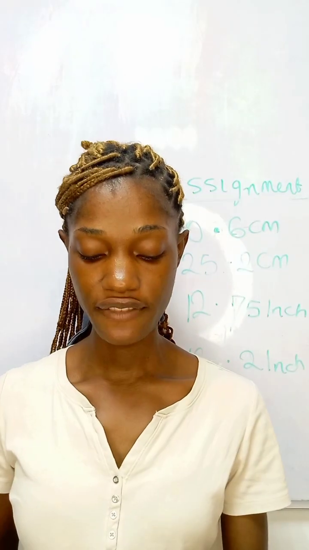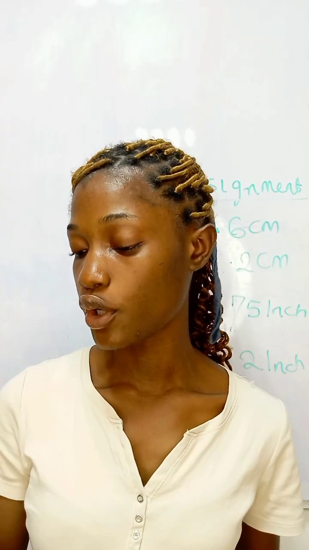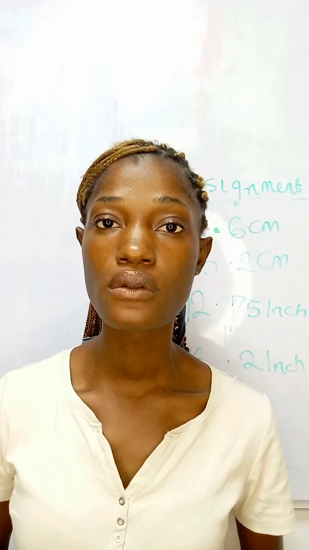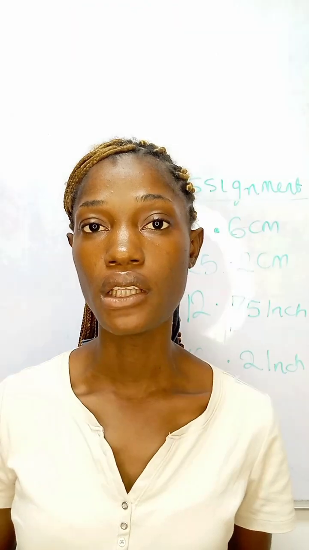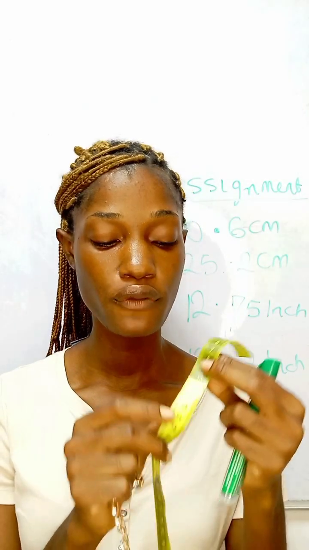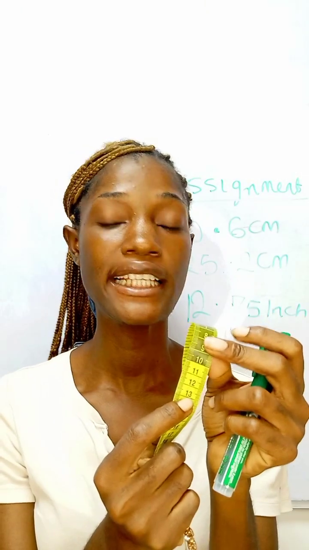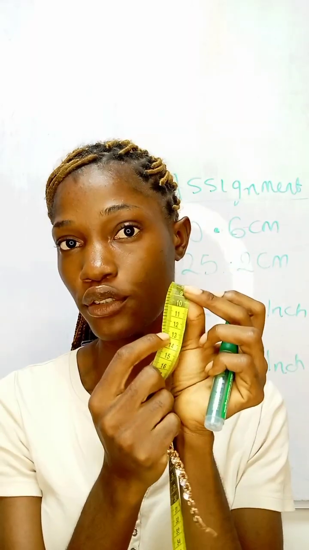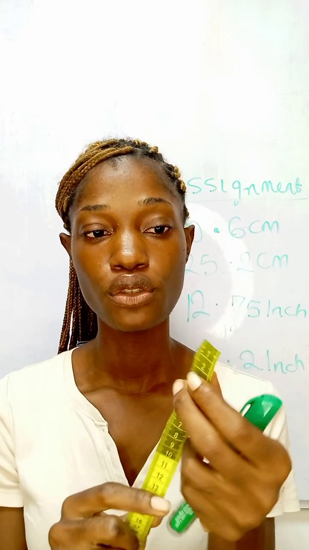If someone tells you to look for 13.2 or 13.4 or whatever in your centimeter tape, you have to go all the way to 13 first. The line under the 13 is 13, because you notice this is 0.